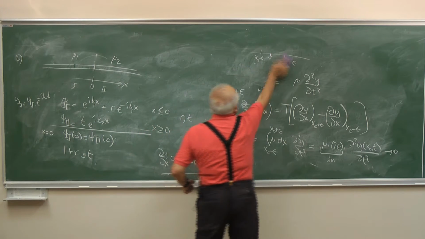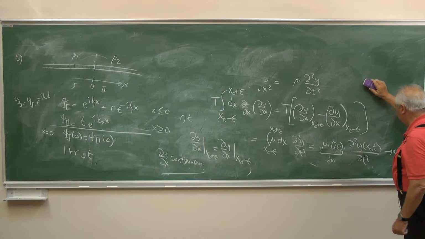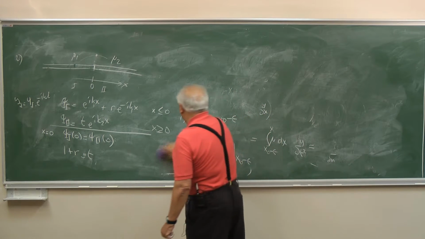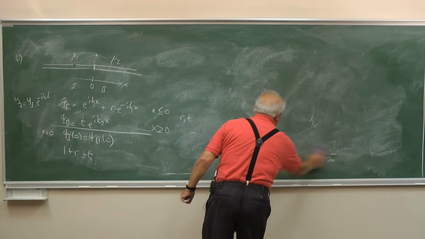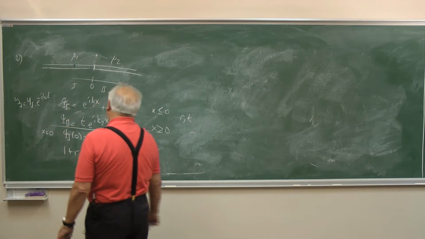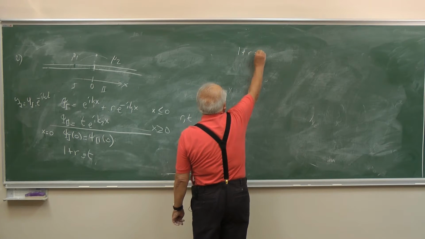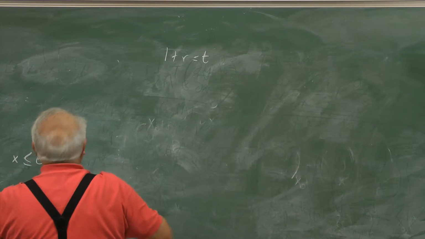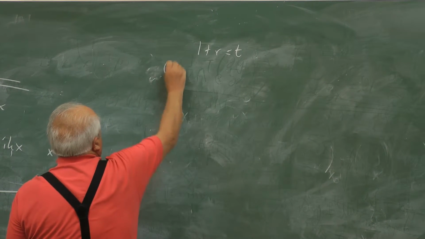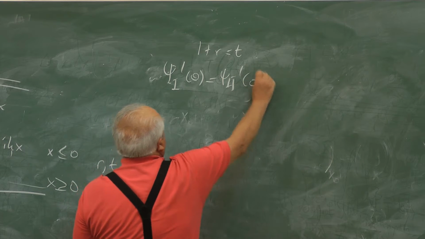So I'm erasing this part. I hope you are convinced the derivatives, space derivatives, must be equal. Now it's gone. So we have 1 plus r equals t, because then we have psi 1 prime at 0 is equal to psi 2 prime at 0.